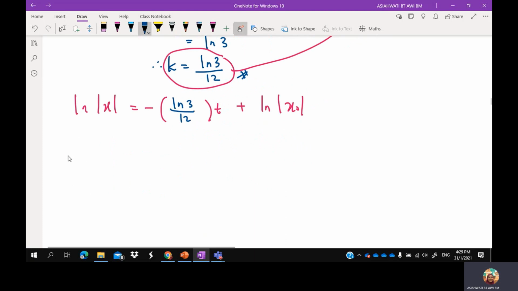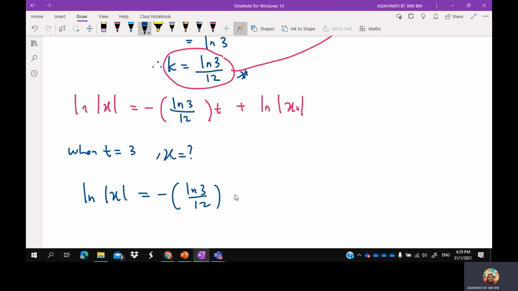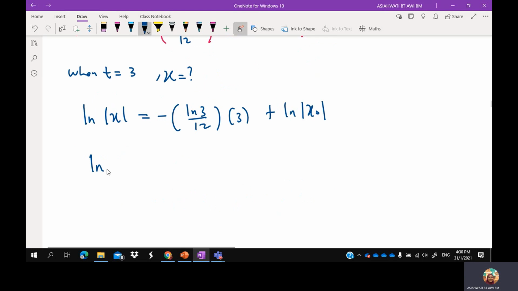The third info is to solve the question. Given t is equal to 3, we need to find x. Then substitute the values using this equation: ln x equals negative ln 3 over 12 times 3 plus ln x naught.